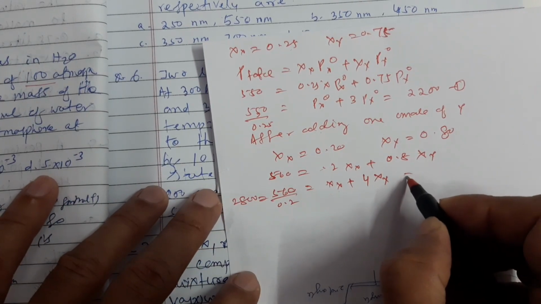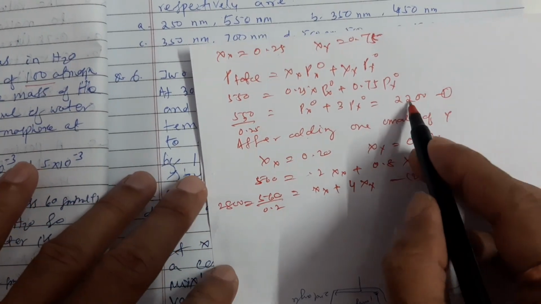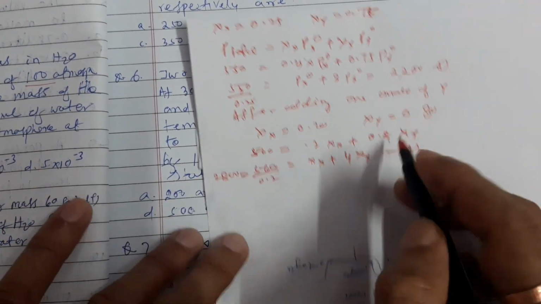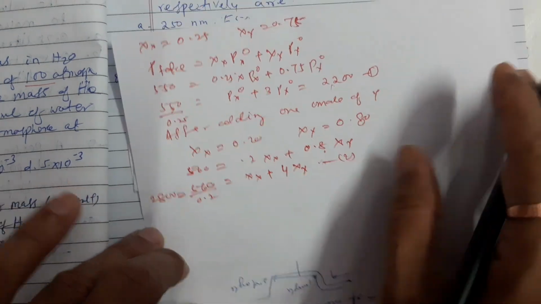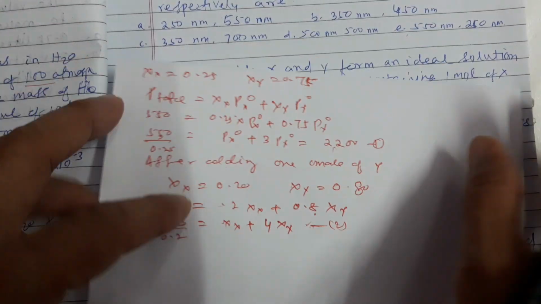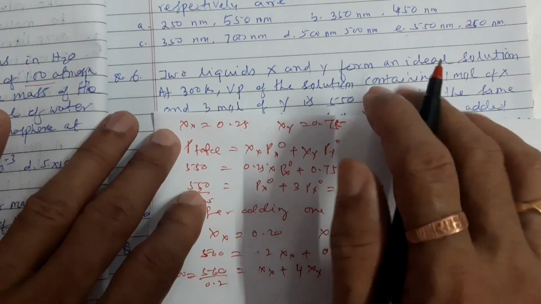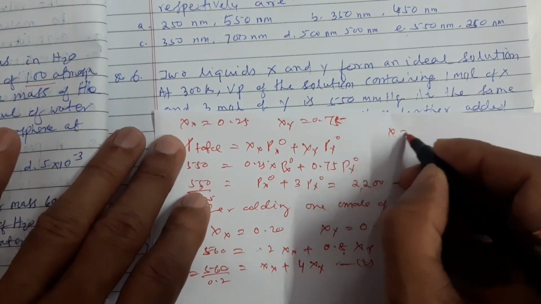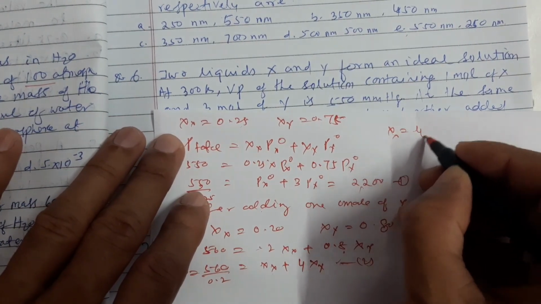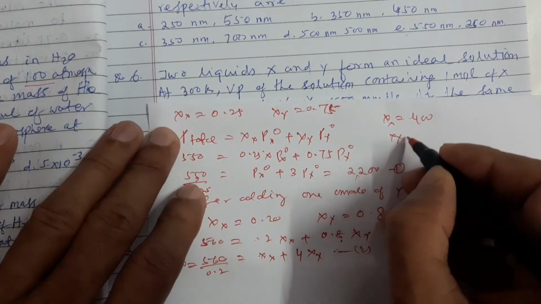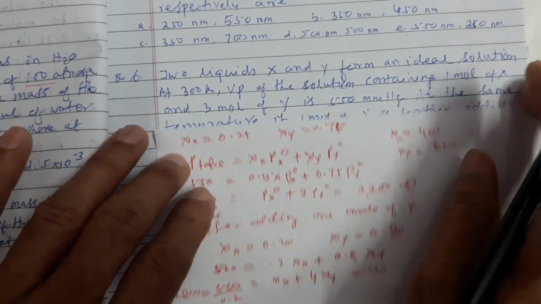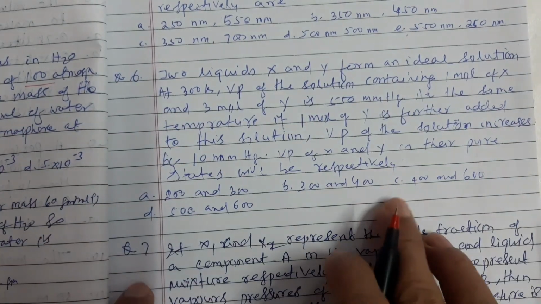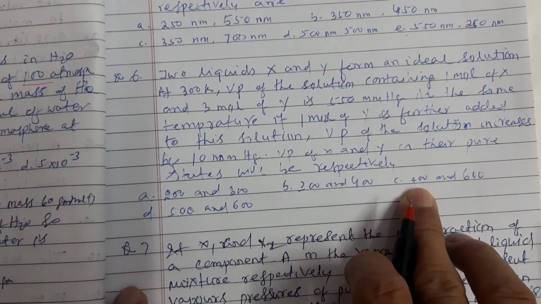So this is another equation. By solving these two equations, you will get what? The pure vapor pressure of X is 400 and of Y is 600. So choice C is the correct answer.